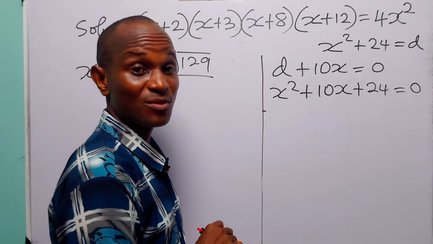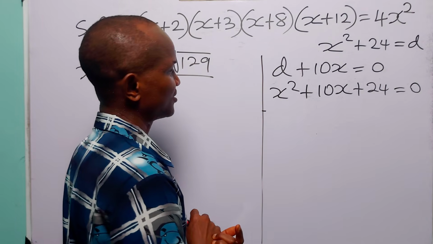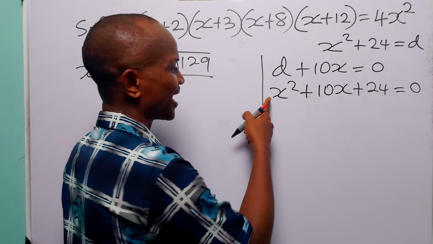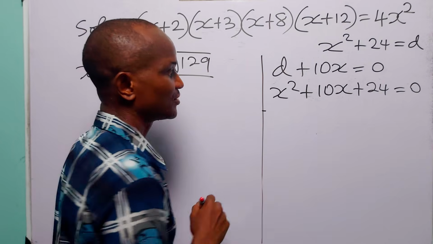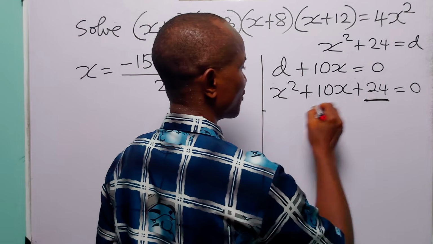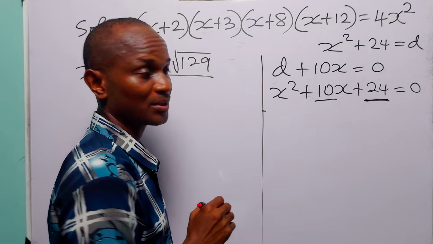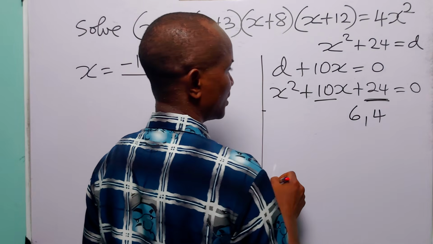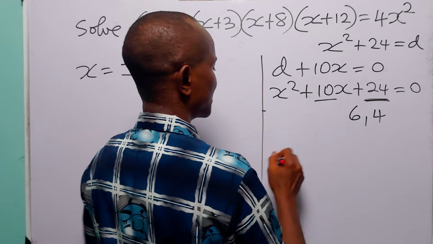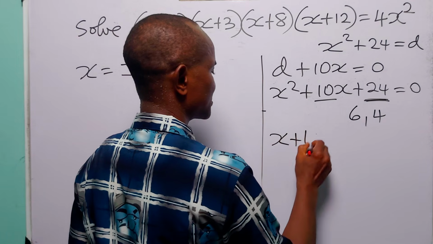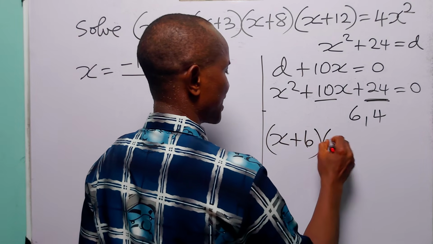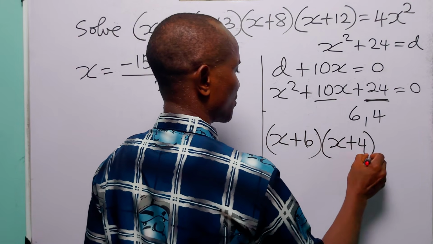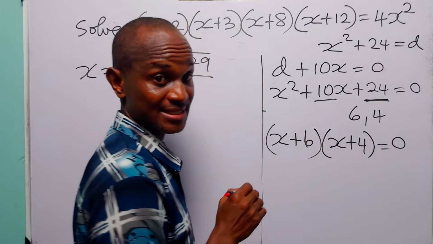Now we can solve this quadratic equation by factorization. Since the coefficient of x squared is 1, all we need to do is to find the factors of 24 that add up to 10. And of course, we have 6 and 4. So when we factorize the left-hand side, we have (x + 6)(x + 4) is equal to 0.